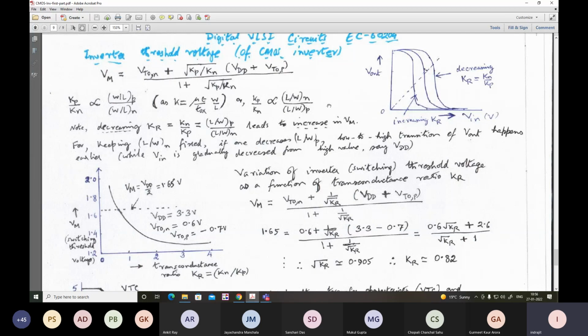Now, if you decrease L by Wp, thereby decreasing the impedance offered by the PMOS transistor, the low to high transition of the output voltage will be fast. That means as you decrease the input voltage from a high value towards the lower side, and you decrease the impedance of the PMOS transistor, the low to high transition will happen faster, earlier. So that's why the curve will shift towards the right side.